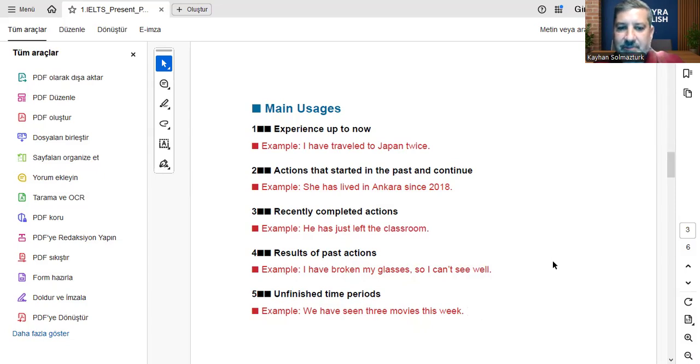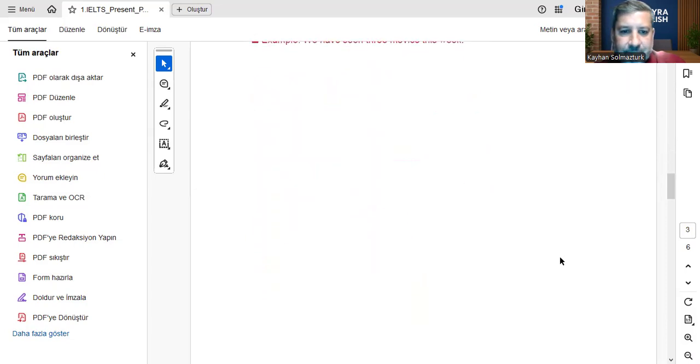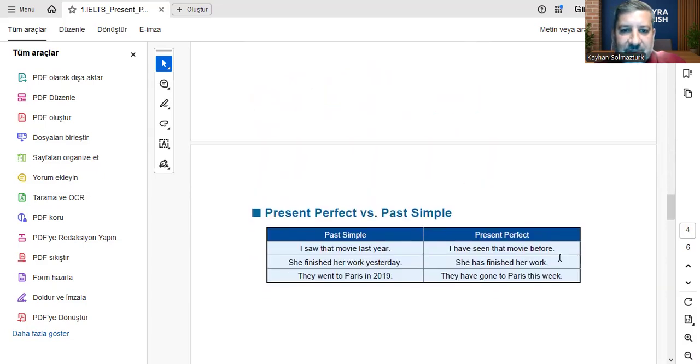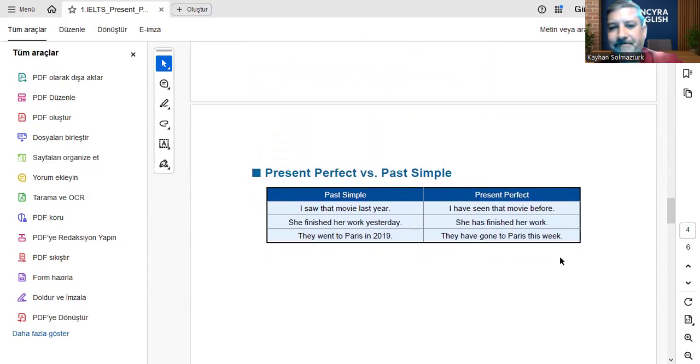As I mentioned before, these apply both in general English and special purpose English, like exam programs. So let's go down a little and look. Again, be careful: I have just mentioned, so we are talking about the effect here. Look, the effect didn't finish yet.